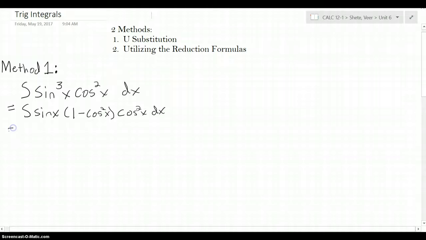So now if we carry this line along further down, we can now begin to utilize our method 1, which is u substitution. So in this case, I would set my u equal to cosine x, and I would set my du equal to negative sine x. So now in this case, what I can do is, because I have a positive sign here, to make it a negative sign, I would have to multiply the entire thing by -1.